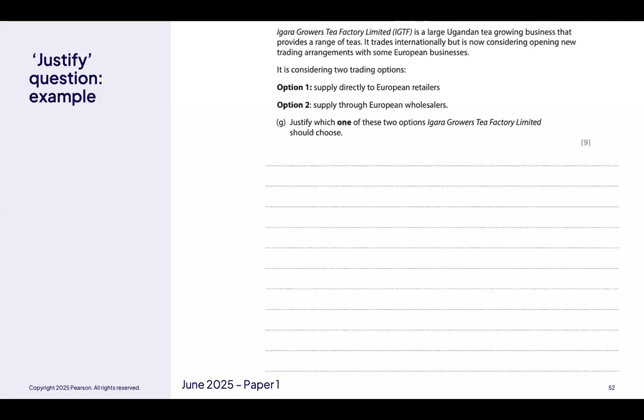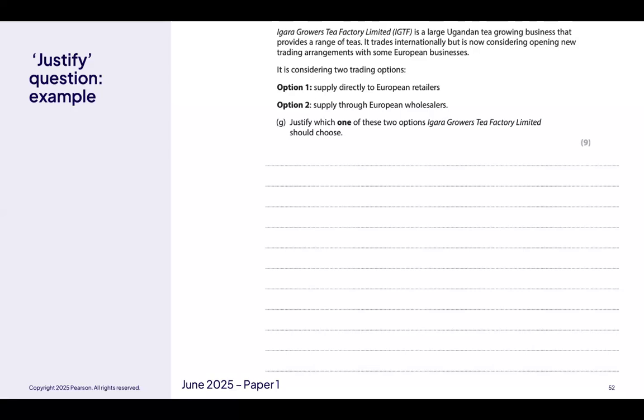Well, here's what the question looks like. And again, they will always look like this on the paper. So Igara Growers Tea Factory Limited, IGTF, is a large Ugandan tea growing business that provides a range of teas. It trades internationally, but is now considering opening new trading arrangements with some European businesses. It is considering 2 trading options.